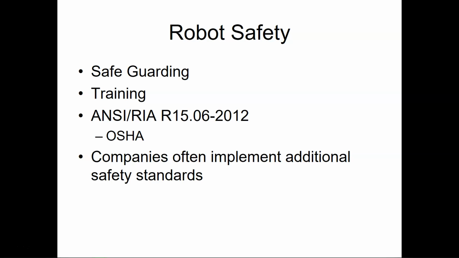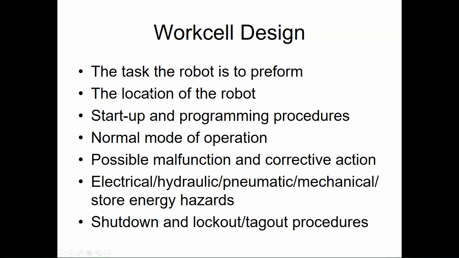We want to make sure you're acting in safe manners, and you're not trying to make everybody do something that's not safe. Right? That's OSHA. All right. But companies typically will implement their own safety standards just to make sure that they are covering all their bases. Makes sense though, right?